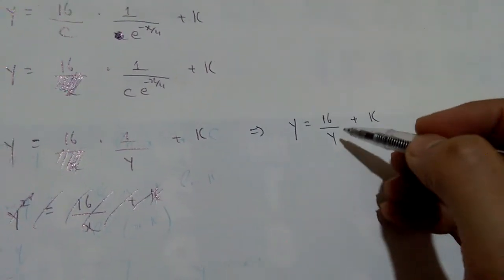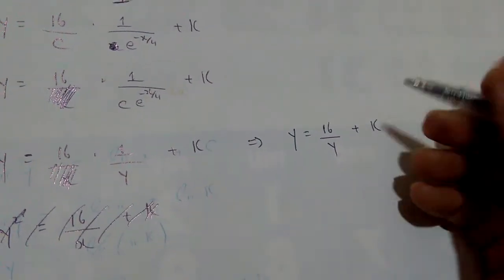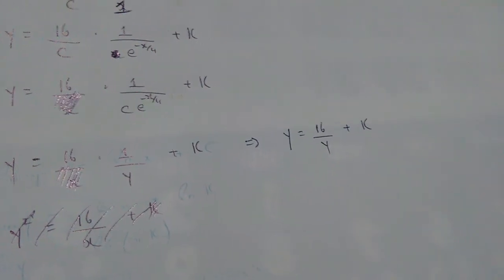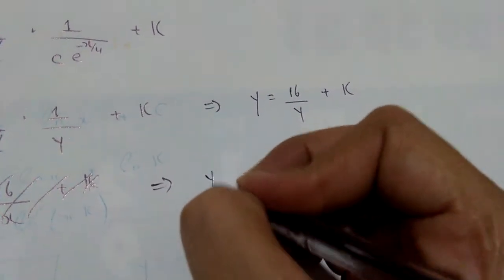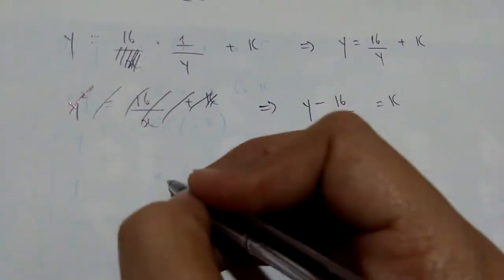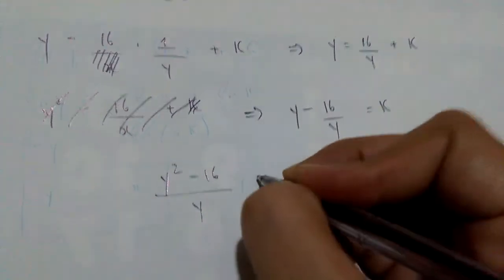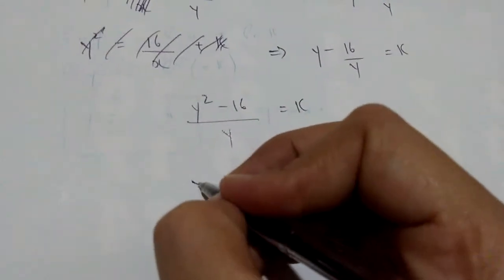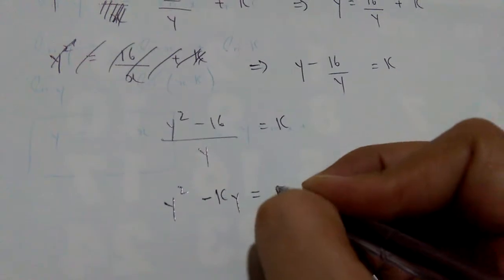Okay, but this is the equation that you can either further solve or you can stop here as well. So if I write it like this and take the LCM, it's y squared minus 16 upon y equals k. So y squared minus ky equals 16.